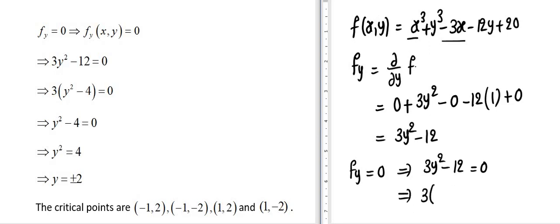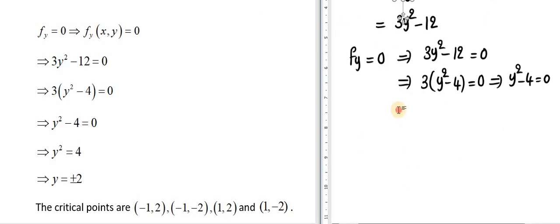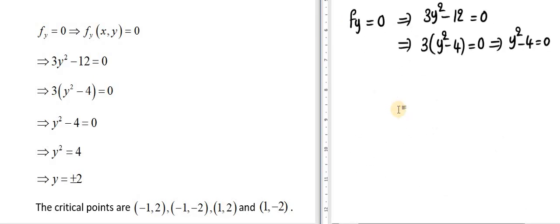Take 3 common, y square minus 4 equal to 0. Again 3 not equal to 0, that's why y square minus 4 equal to 0. Observe, y square equal to 4 implies y equal to plus or minus root 4.